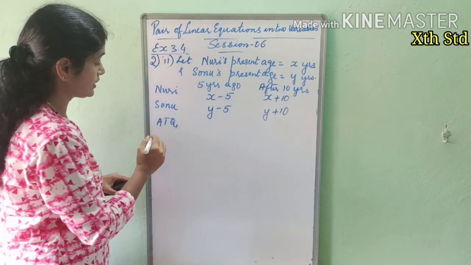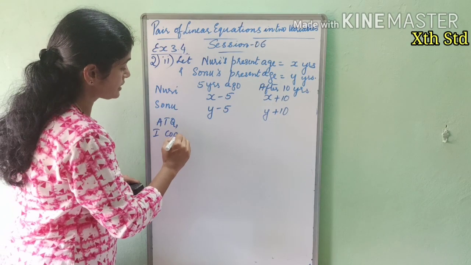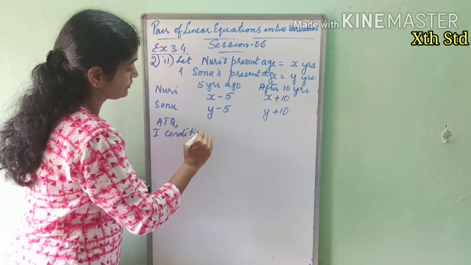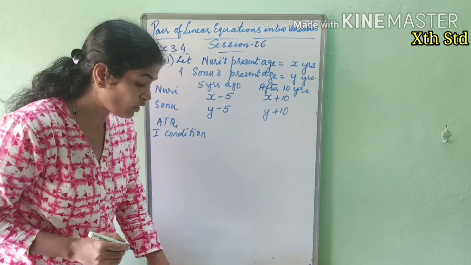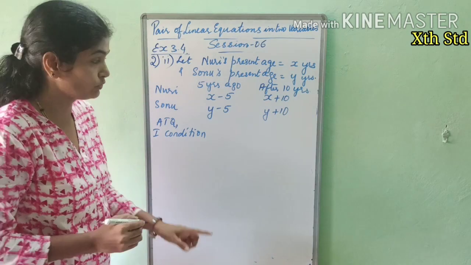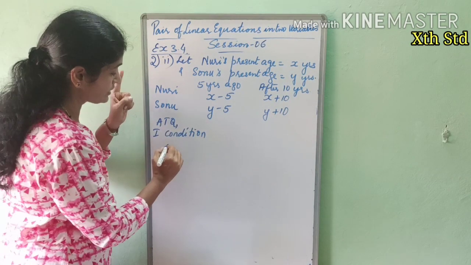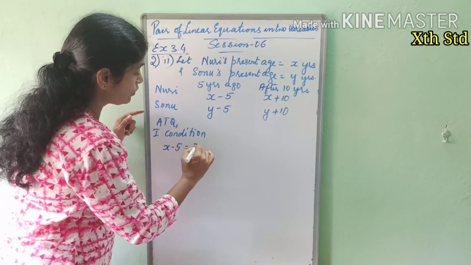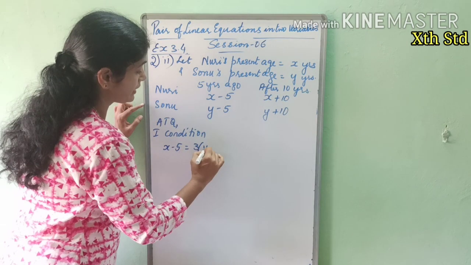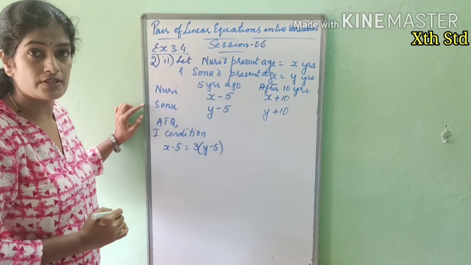According to the question, what is the first condition? 5 years ago, Noori was thrice as old as Sonu. 5 years ago, Noori's age is x minus 5, which is thrice Sonu's age, y minus 5. This is the first condition.